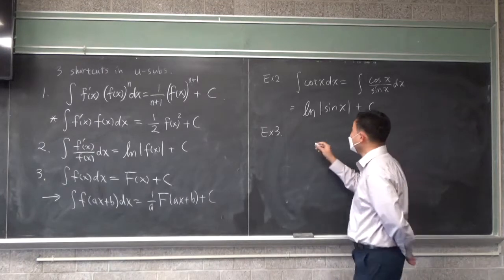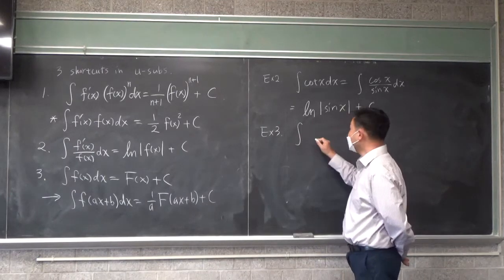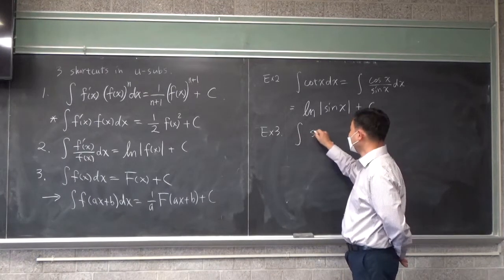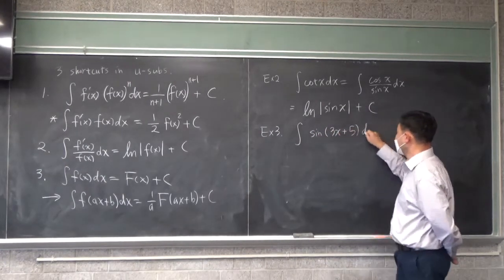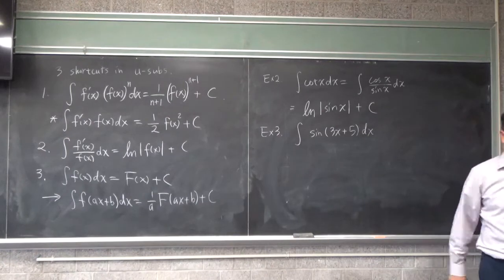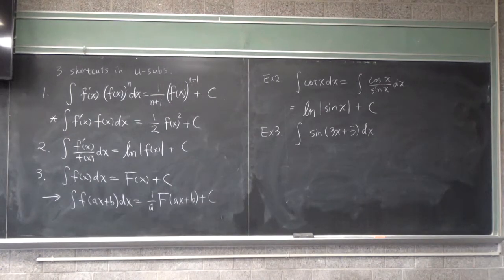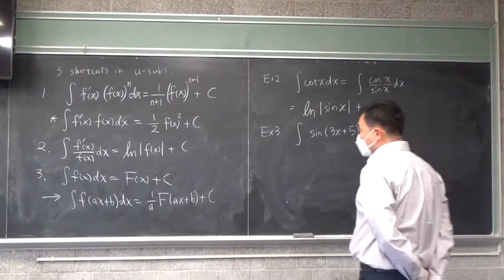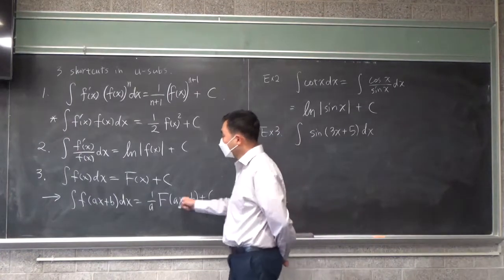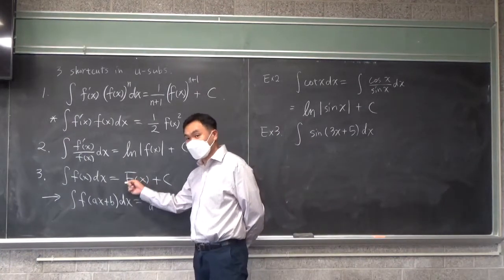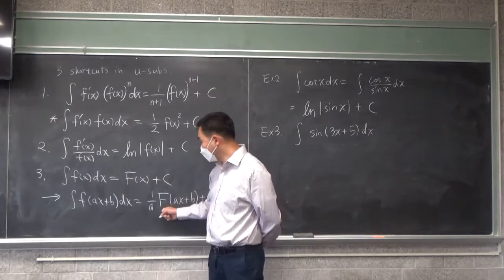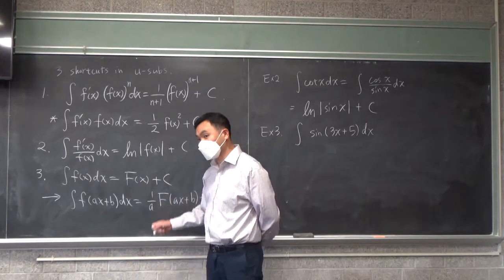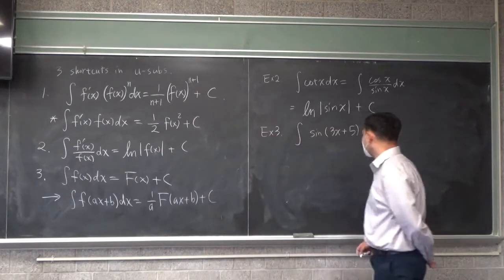So here's an example. If you have the integral of sine of 3x plus 5 dx, what does this formula say? Well, first, you have to figure out what the antiderivative is. And you're going to just use the same antiderivative, but there will be a 1 over a in front. So let's think about this.